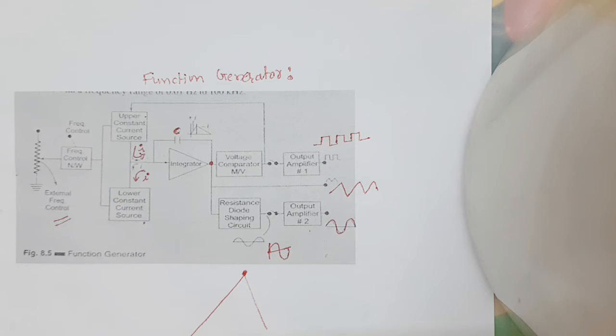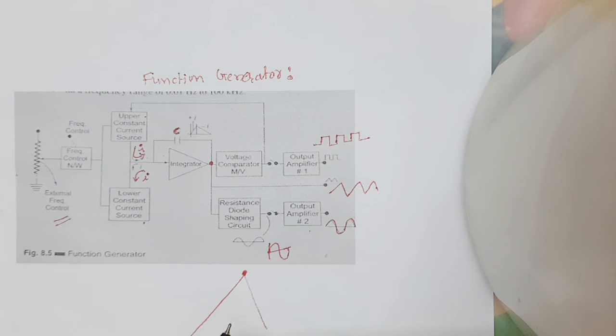Almost any waveform can be generated by addition. The function generator can also be phase locked to a frequency standard, and all its output waveforms will then have the same accuracy and stability as the standard source. So this is just the fundamental or initial way to talk about the function generator.